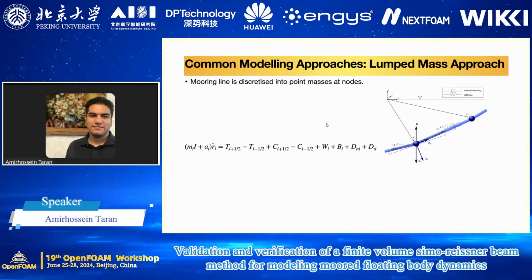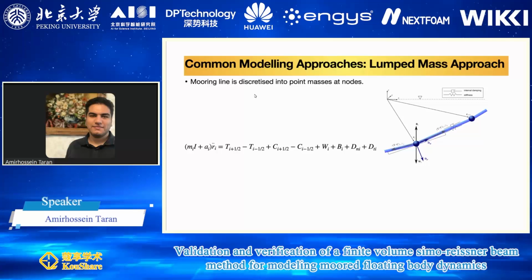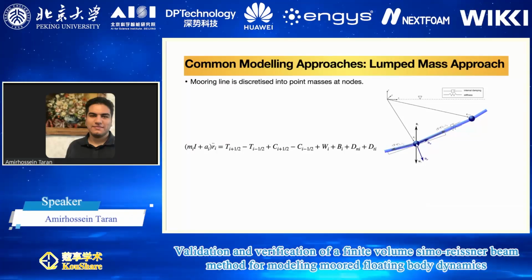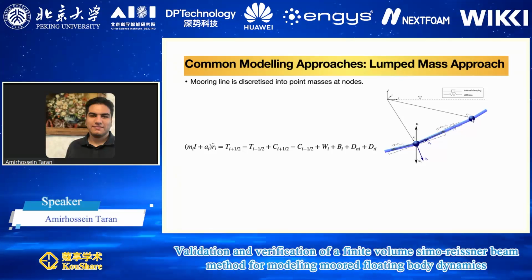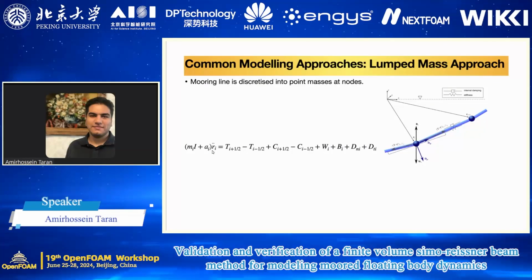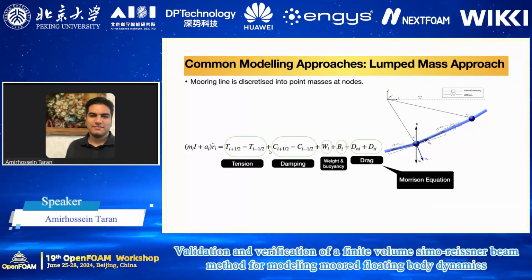So I'm just going to review what's happening. It's an easy assumption. You can discretize your whole mooring line into some points, some nodes, which have a point mass. And you can easily write F equals MA for each node, with some source terms.